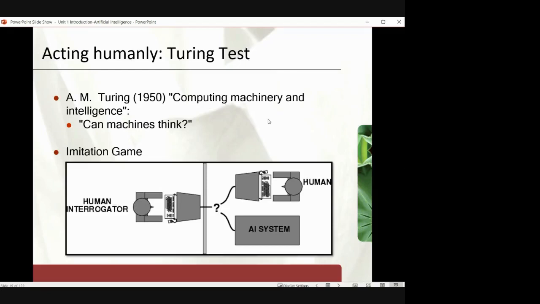This is the base of all the AI definitions, given by A.M. Turing in 1950. The conference journal was Computing Machinery and Intelligence.